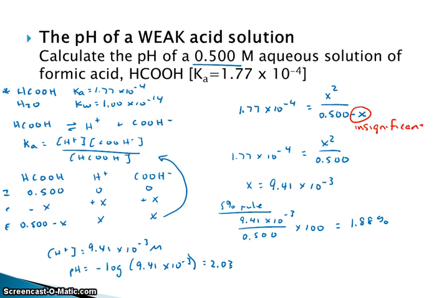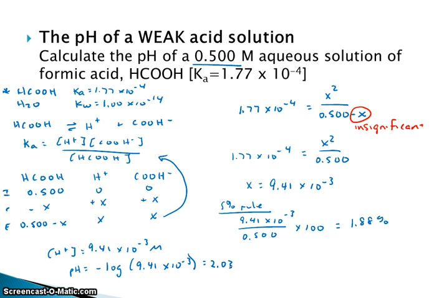So when we solve weak acid problems, we want to go through a number of different steps and follow it like a recipe. You want to list the major species that are in the solution. You want to use the Ka values to decide which is going to be the dominant producer of hydrogen ions.